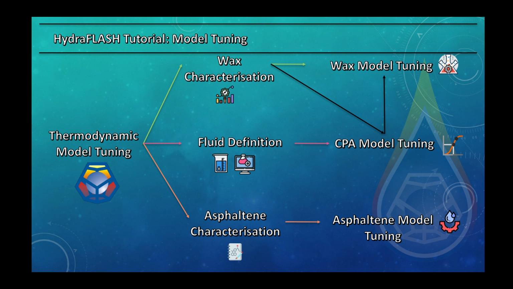You can characterize the fluid with asphaltene characterization, and then feed the characterized fluid into asphaltene model tuning. In this asphaltene model tuning, you have options to tune the model with saturation data, with asphaltene titration data, with AOP data which has been measured using depressurization, or a mixture of them.